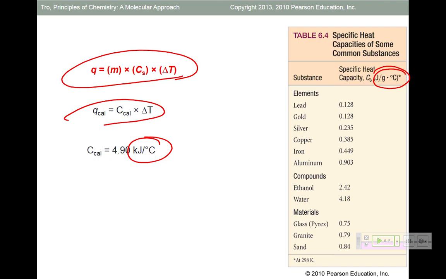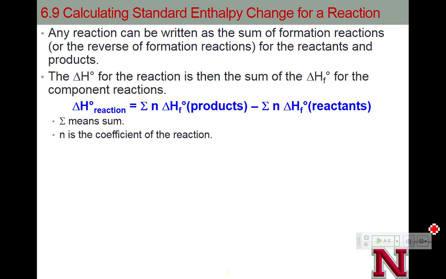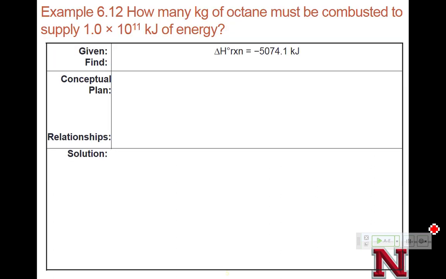Now we can actually apply this to chemical reactions. So we're going to look at some examples of when using this delta H reaction is going to be applicable in the lab. And we're going to do that by looking at a couple of examples. So let's say we want to know how many kilograms of octane must undergo combustion to supply 1.0 times 10 to 11 kilojoules of energy.